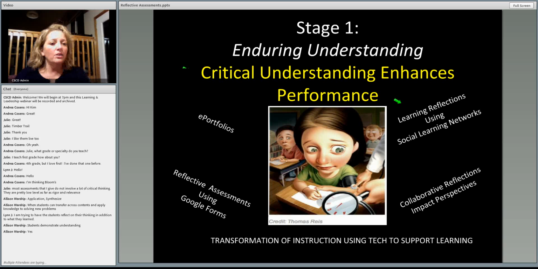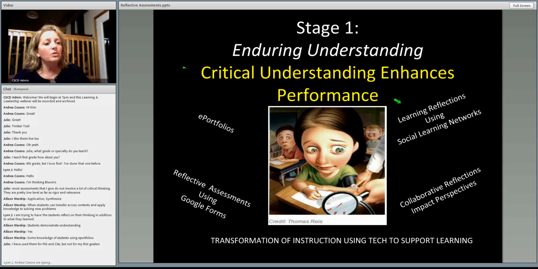We're going to take a look at learning reflections using social learning networks. Social learning networks can be things like Edmodo, Moodle, Schoology, using them in blogs. I'm trying to think of other resources. In Twitter, we have some teachers that are using Twitter as a place for students to reflect about something they're reading or topics that they're discussing.